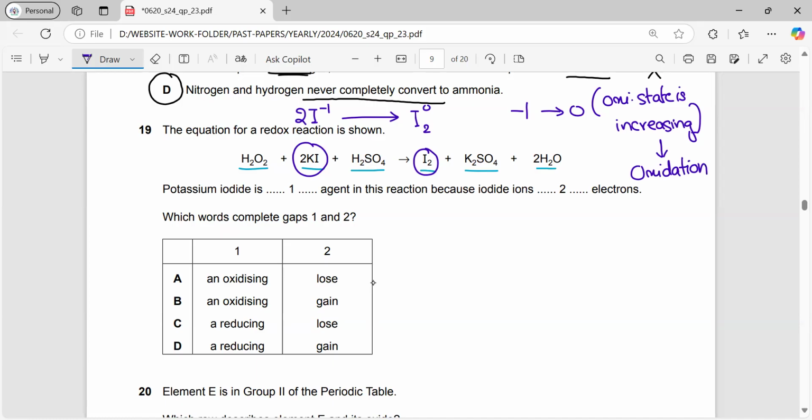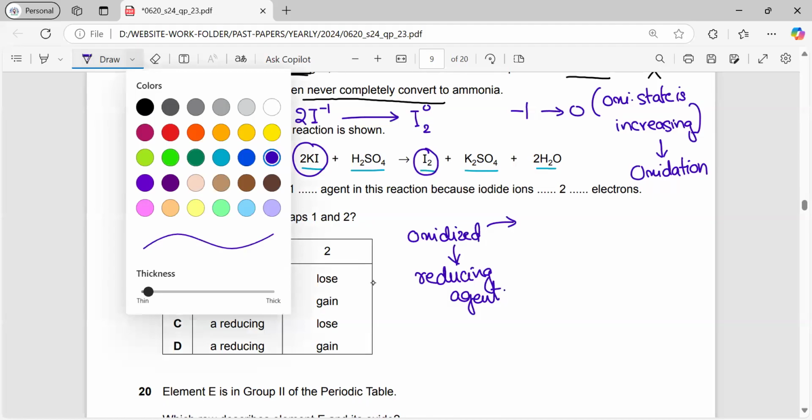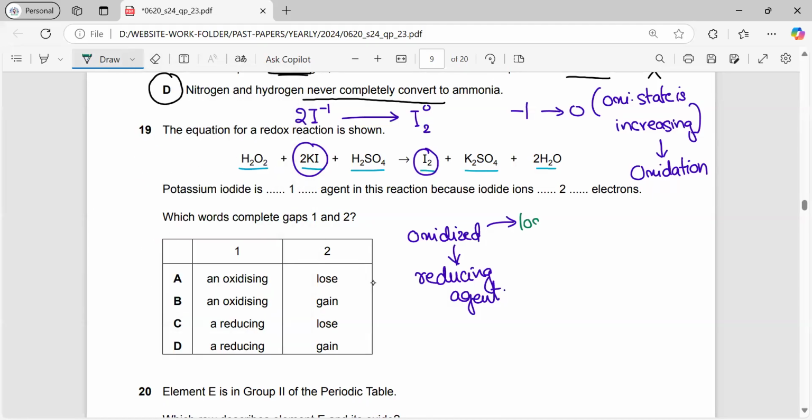So the iodide ion itself is getting oxidized, and the substance which itself oxidizes acts as a reducing agent, because it loses electrons by itself, but it adds electrons into the other. Oxidized means itself it loses electrons.